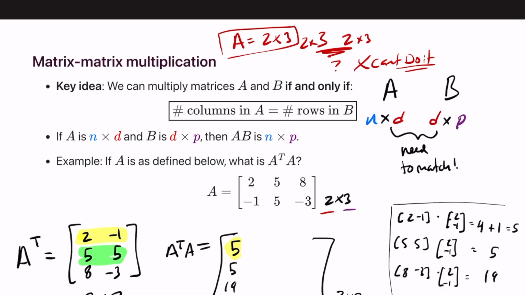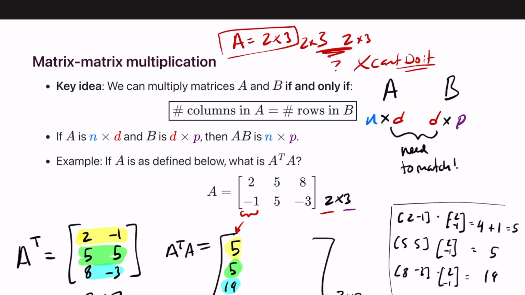This and this goes here. And now let's draw it this way. They're all using that column. So I guess we just do it this way.